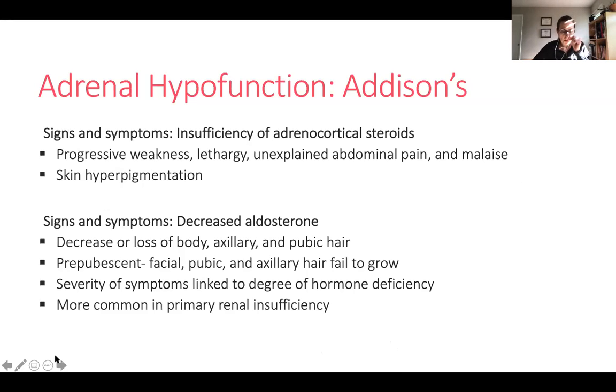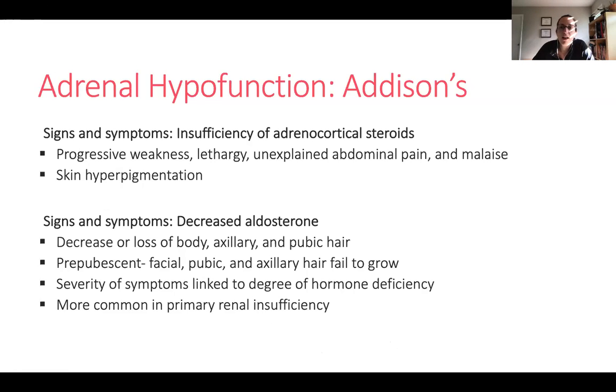Okay, so symptoms. They'll have progressive weakness, they'll be tired, they might have some unexplained abdominal pain, and they'll have that bronzed skin, hyperpigmentation. And if they have decreased aldosterone, they'll have loss of their axillary and pubic hair.